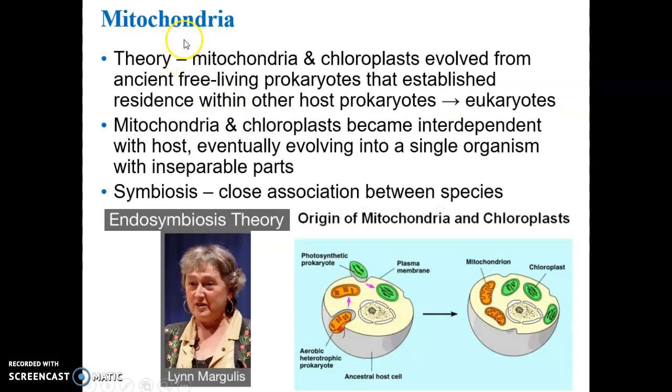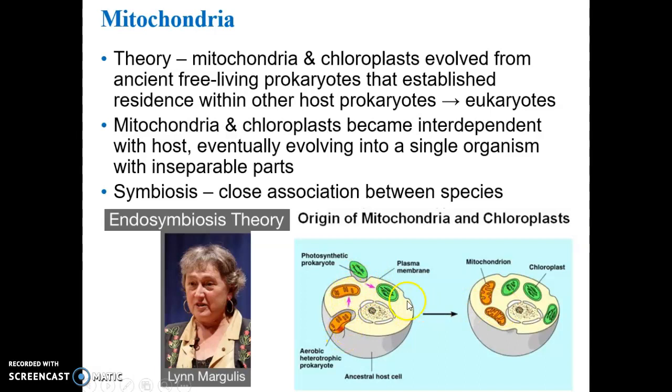So the theory of how mitochondria and chloroplasts came to be found in eukaryotic cells was that the mitochondria and chloroplasts evolved from ancient free-living prokaryotes, meaning single-celled organisms that lived on their own, and they became established organelles within a host cell that ingested them, probably as a food source.